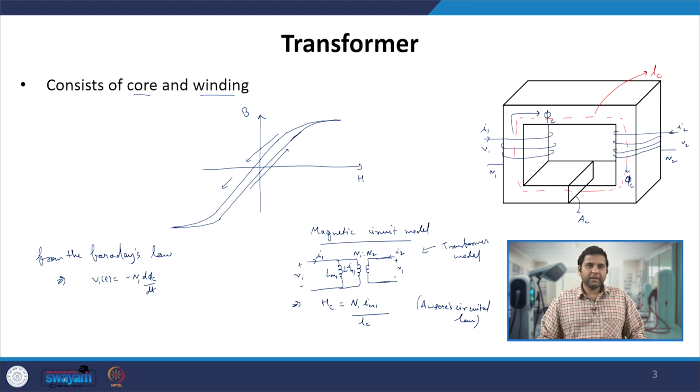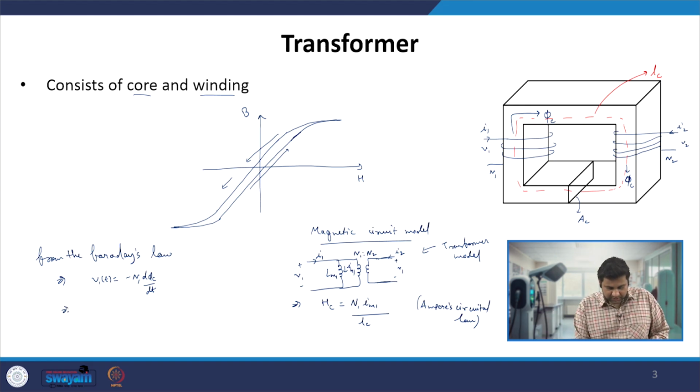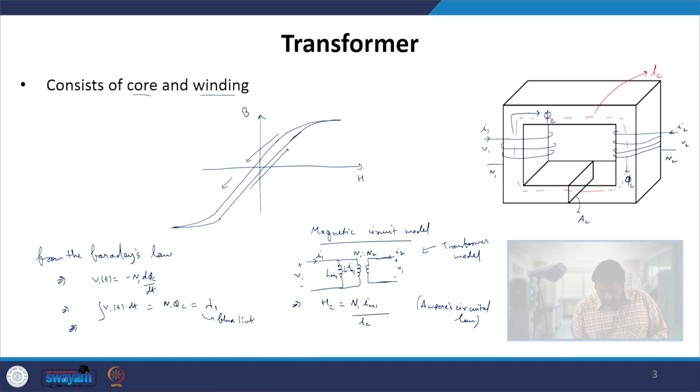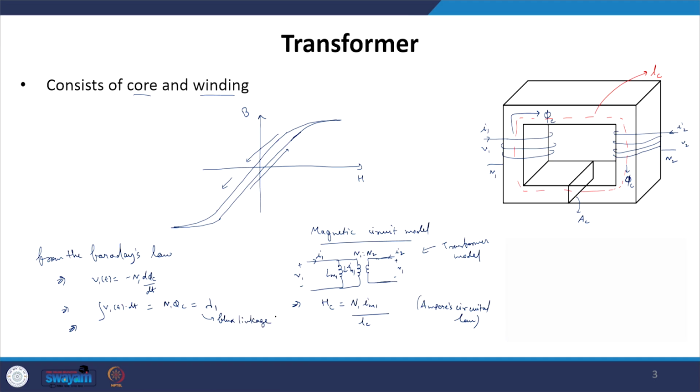If we take only the magnitude terms, we can write the integration of V1 dt to be equal to N1 phi C, and this particular term we can write as lambda 1, which is nothing but the flux linkage, and that is happening only when we are giving excitation from one of the windings, that is the N1 winding.